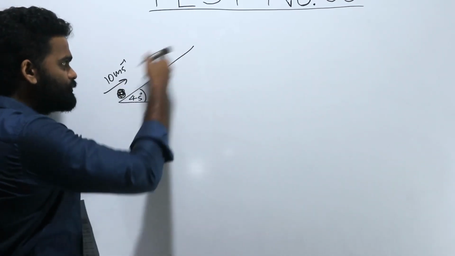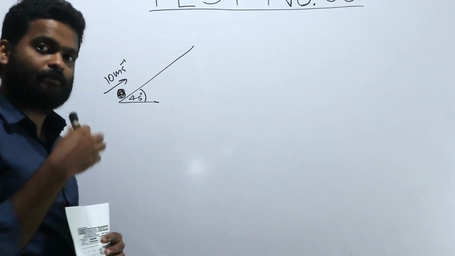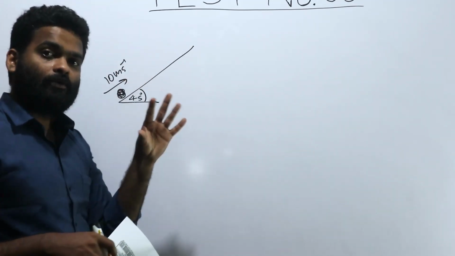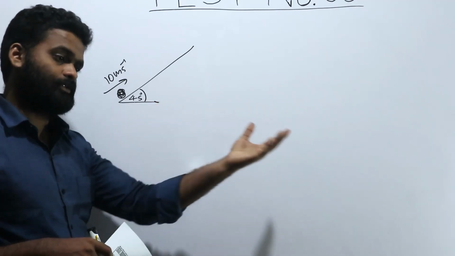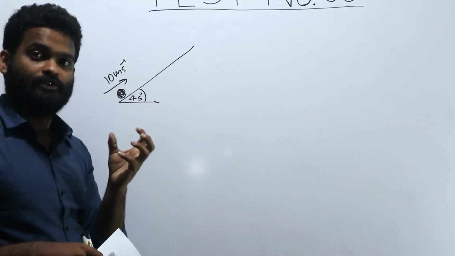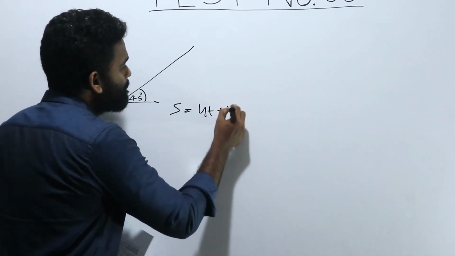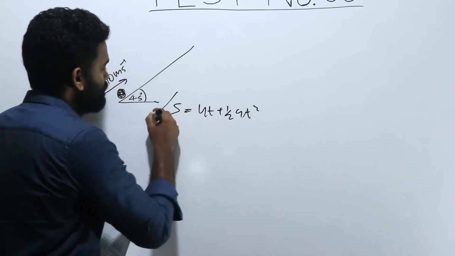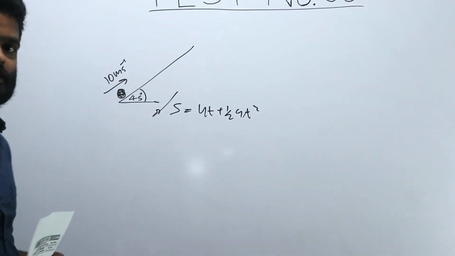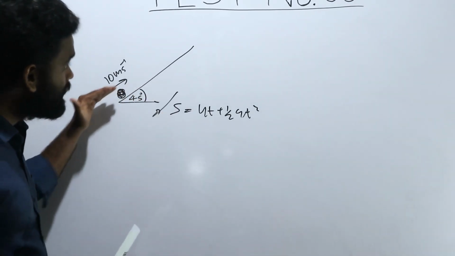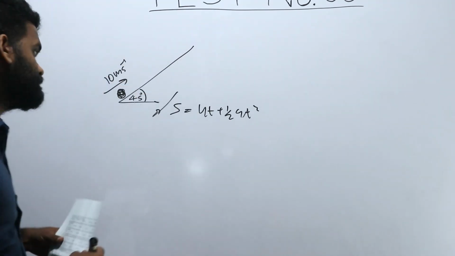So as it comes back, the displacement should be 0 because it is again at the initial position. So you just have to apply this equation. Vertically upwards, but along the plane.